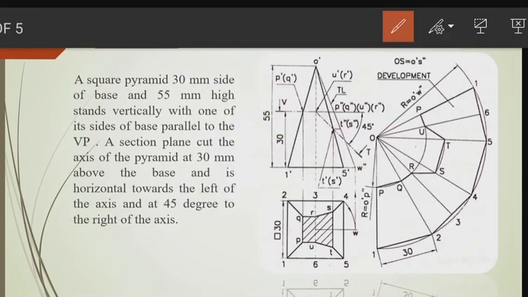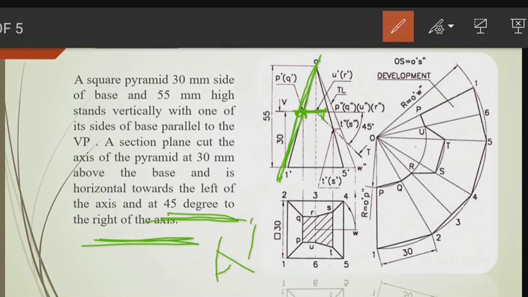So left of the axis, from the axis to the left side it is horizontal. So from here, from the center point or the axis point to this axial line or this generator, it is horizontal. Then it is 45 degree to the right of the axis. So from the axis 45 degree to the right, so this is the right side.